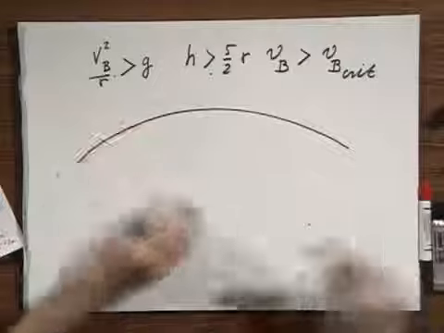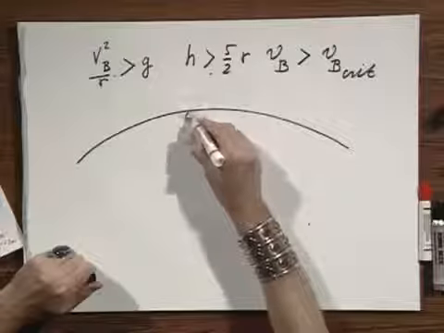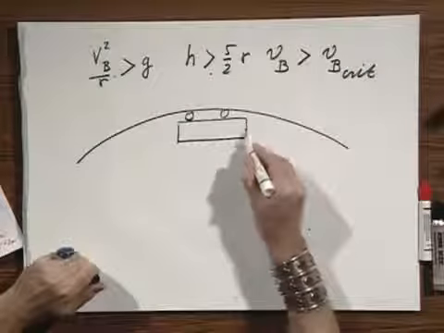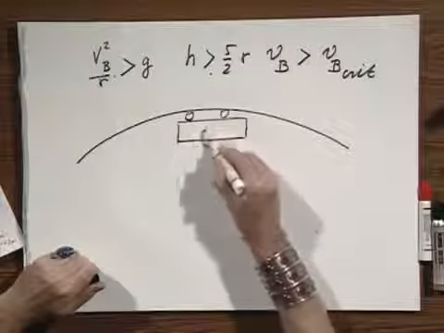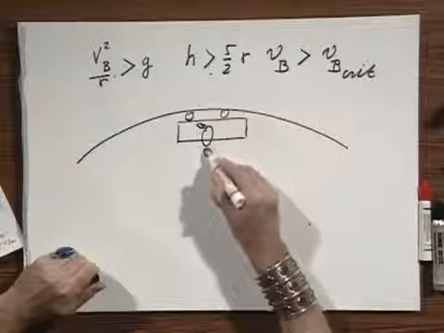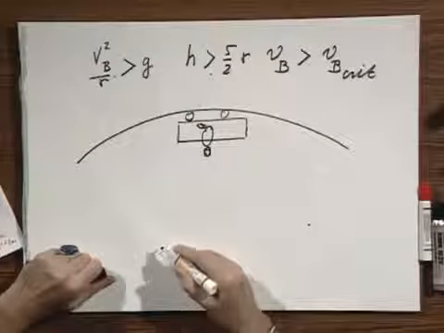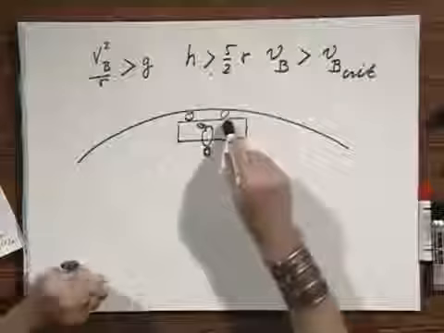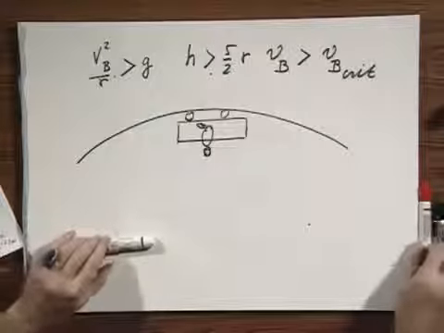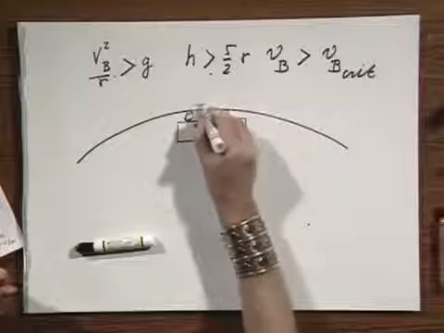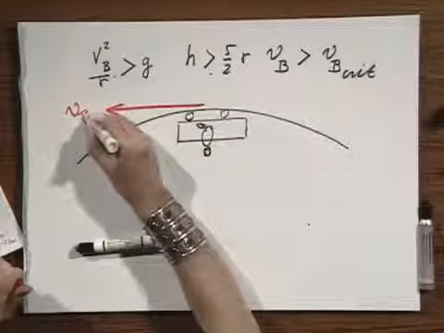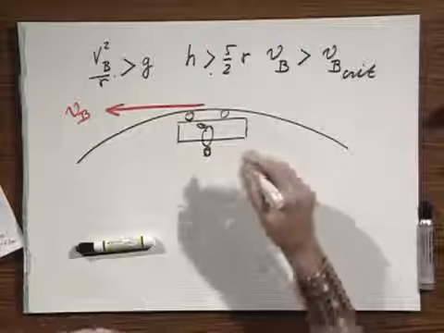If this is the track, and here are the wheels of the track, everything is now upside down, and you are sitting here. The track will now push down on the roller coaster. The tangential speed is now v_B, which is larger than the critical value.